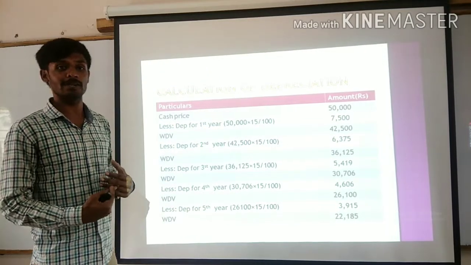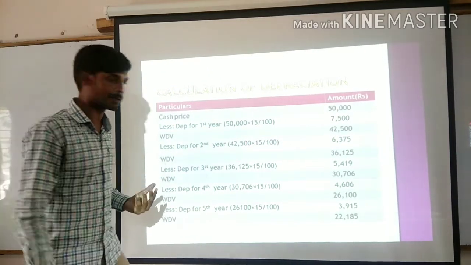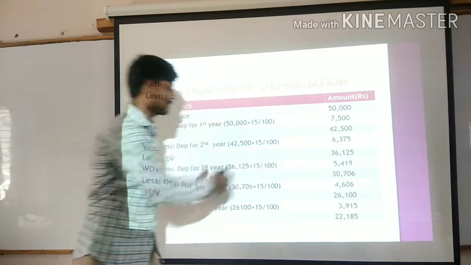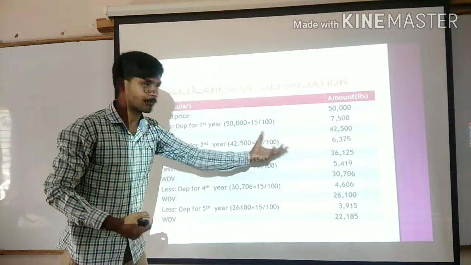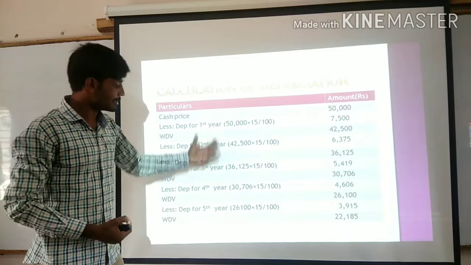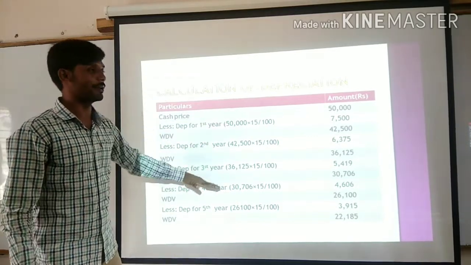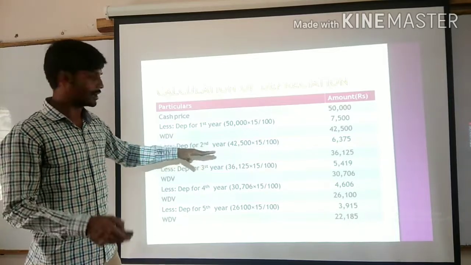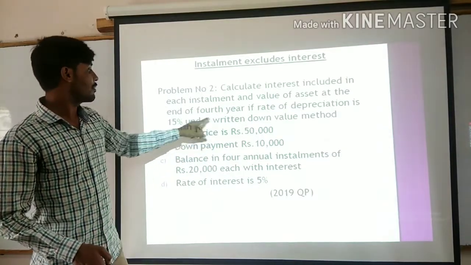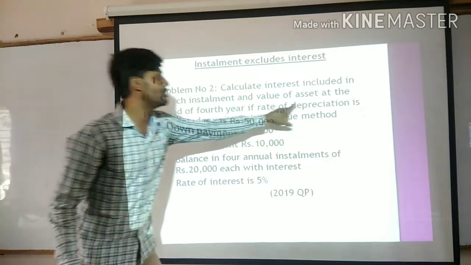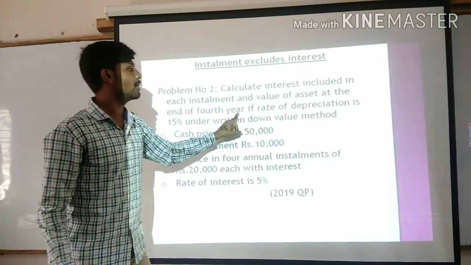While calculating depreciation for the next year, what we have to do is consider this value, that is 42,500 into 15%. Okay, likewise, we just need to calculate the depreciation. In the question you can observe, they are asking the value of the asset at the end of the fourth year.